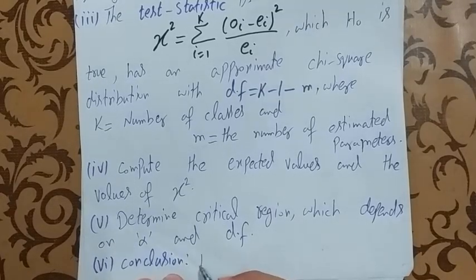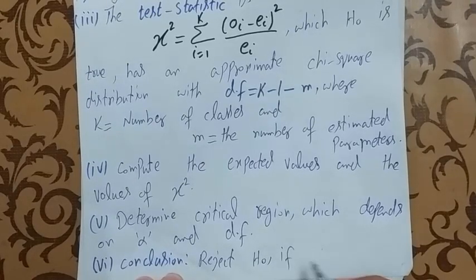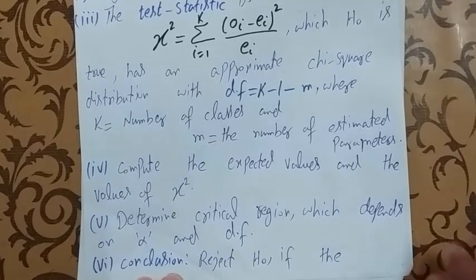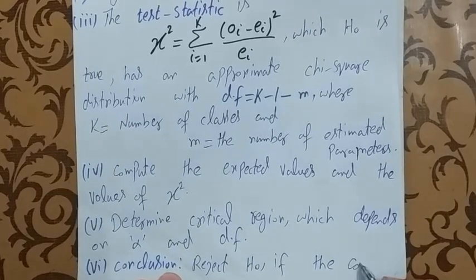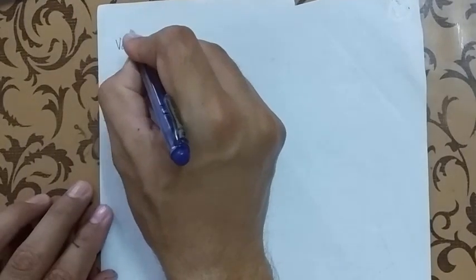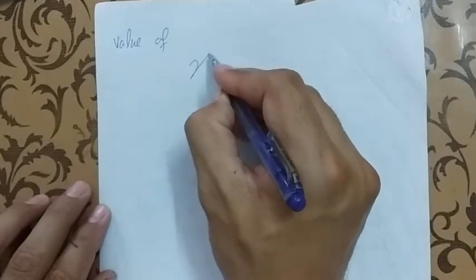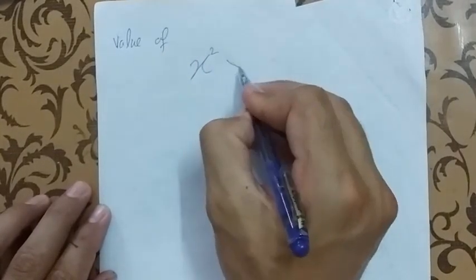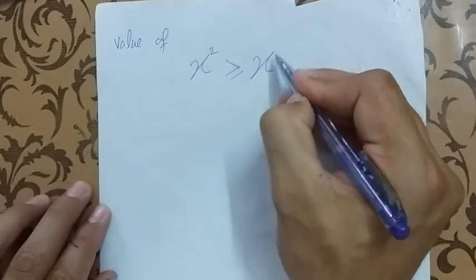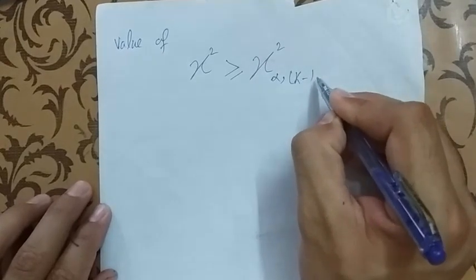Reject H naught if the computed value of chi-square is greater than or equal to the table value with k minus 1 minus m degrees of freedom.